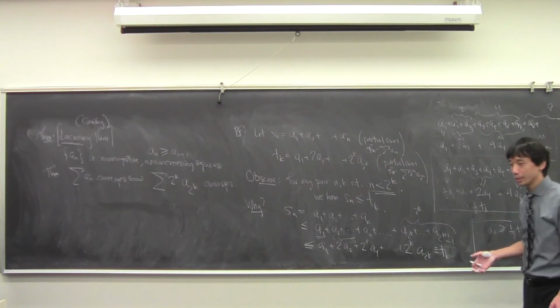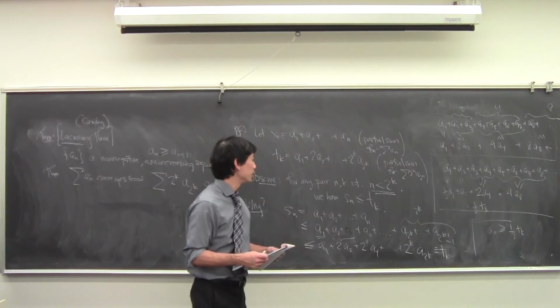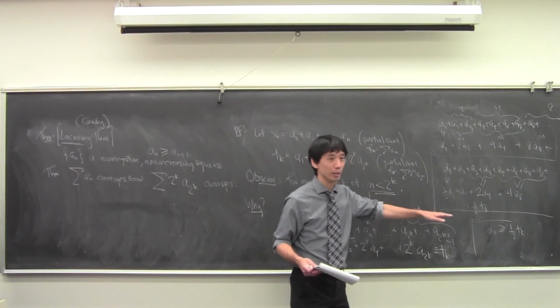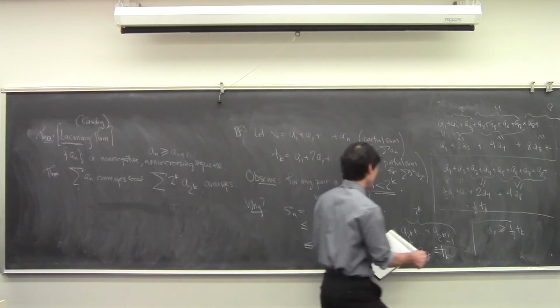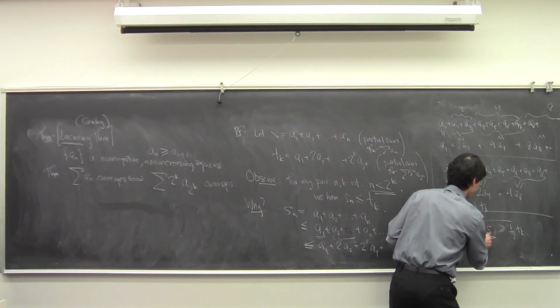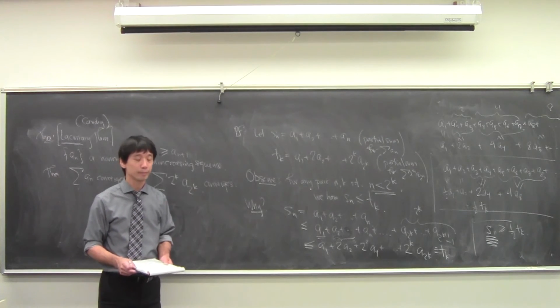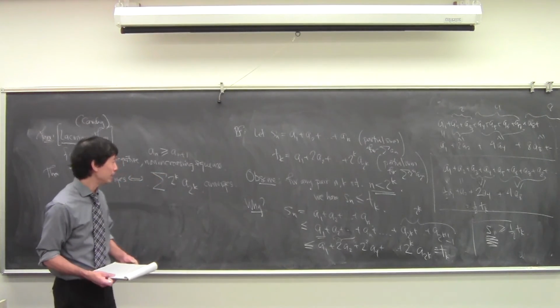So that gives it to you. If the S n are unbounded, then the T k are unbounded. If the T k are unbounded, then the S n are unbounded. Sorry, there should be an S. Okay, so this is pretty cool. It kind of makes sense.